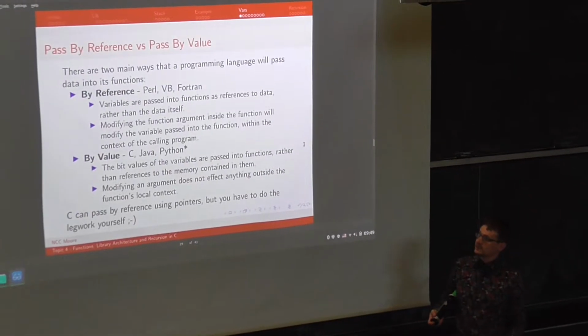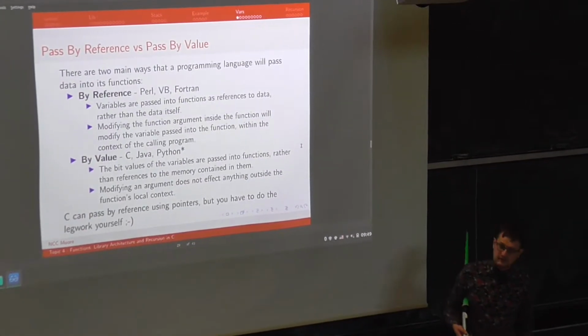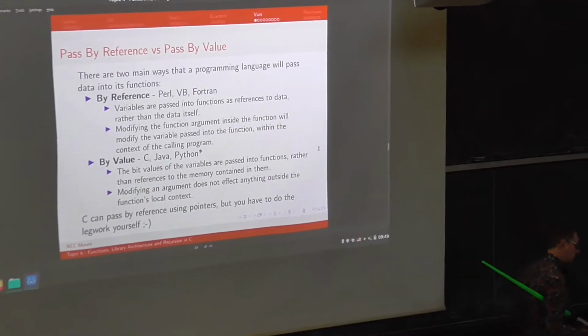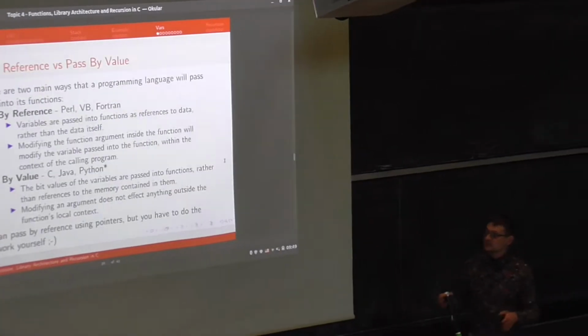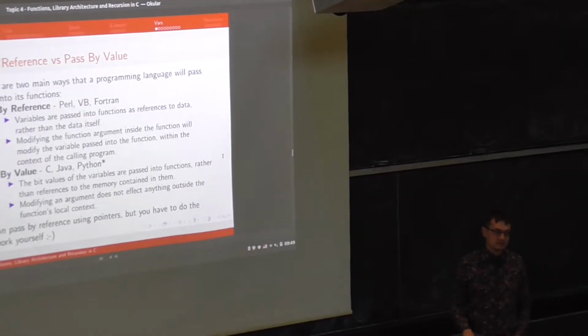Modifying the function argument inside of the function will modify the variable being passed into the function, even as seen from outside of the function call.